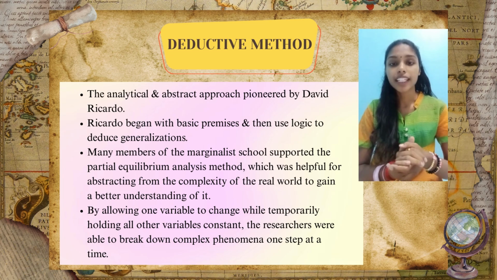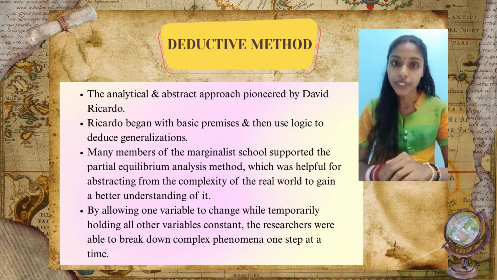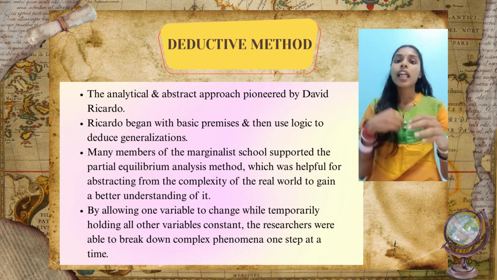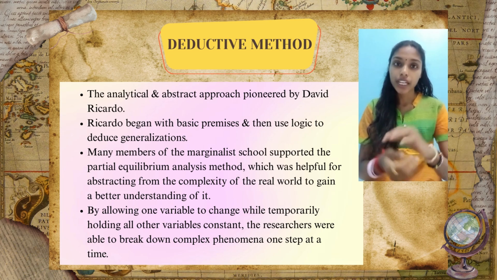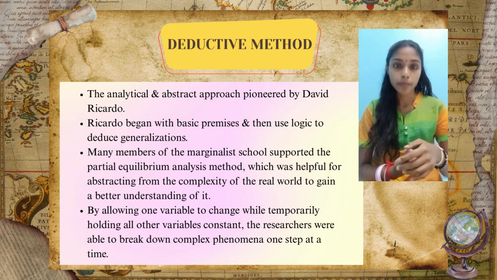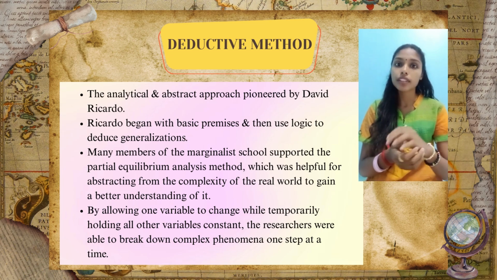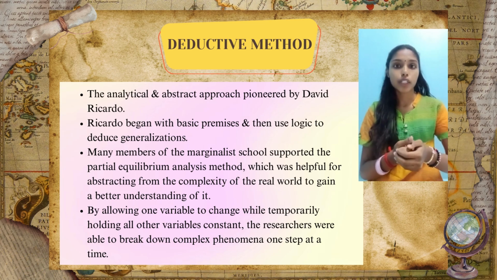First of all, the analytic and abstract approach pioneered by David Ricardo. Ricardo began with basic premises and then used logic to deduce generalizations. Its tendency is to use assumptions to bolster its arguments.